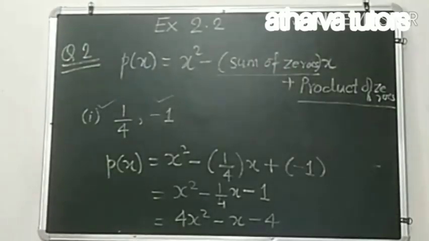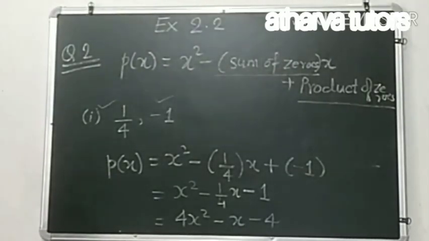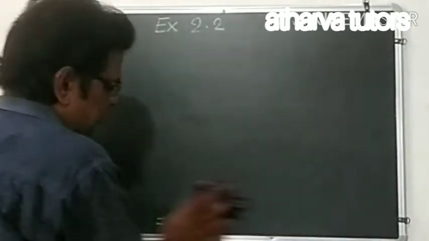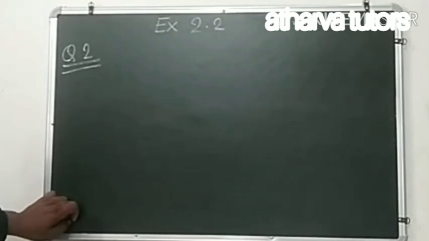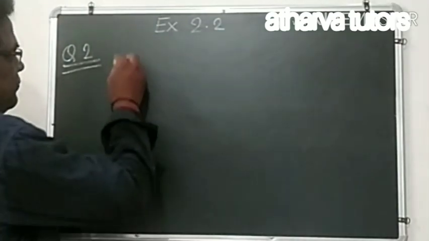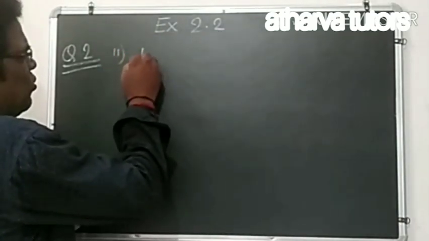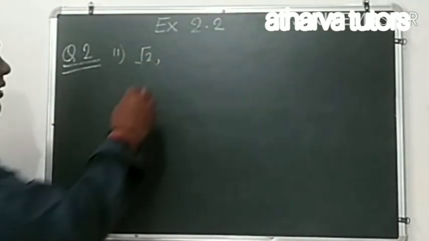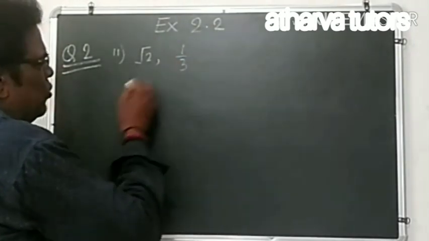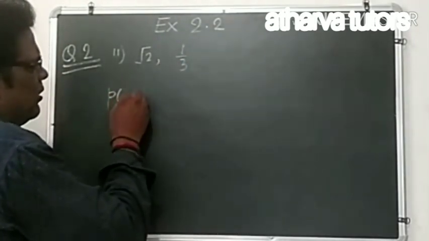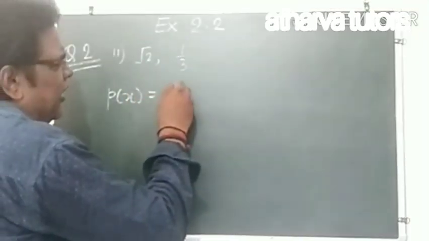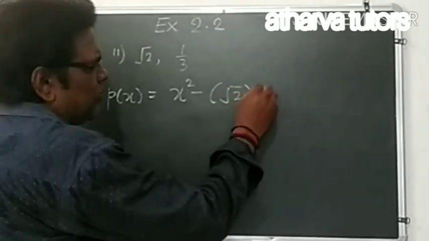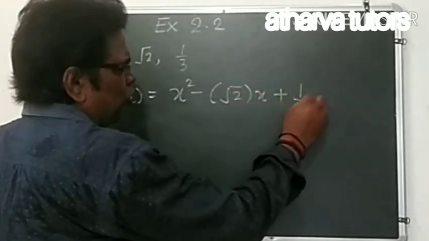Now the next question: the sum is root 2 and the product is 1 upon 3. You can form the quadratic polynomial px equals x square minus sum of zeros into x plus product of zeros.